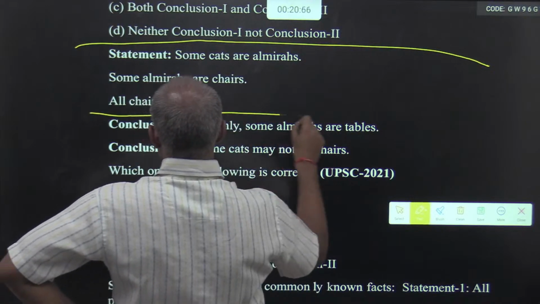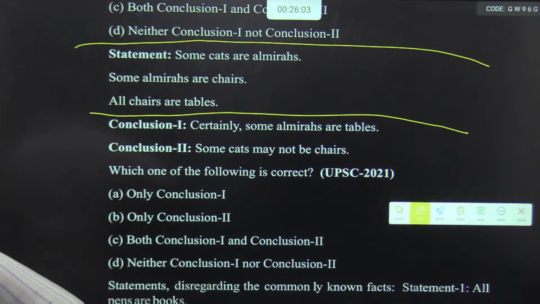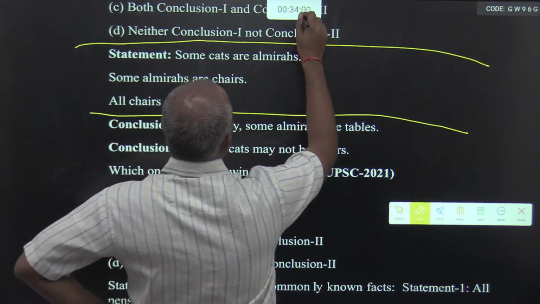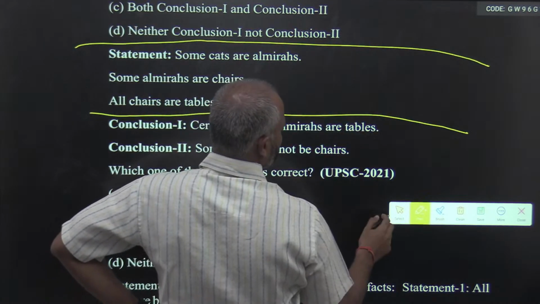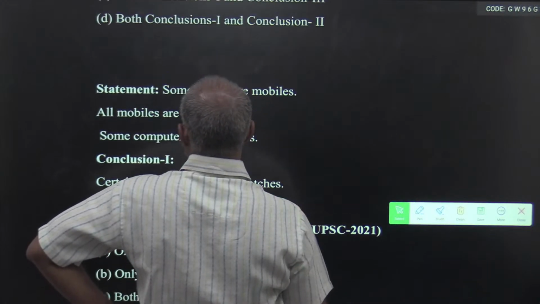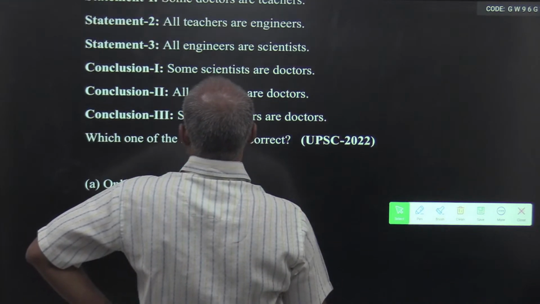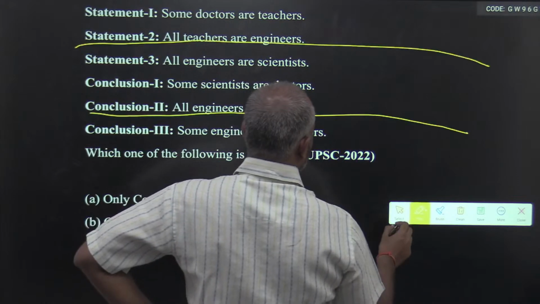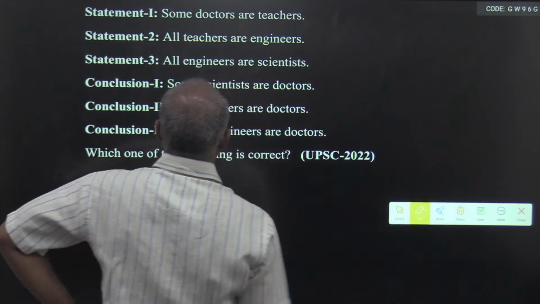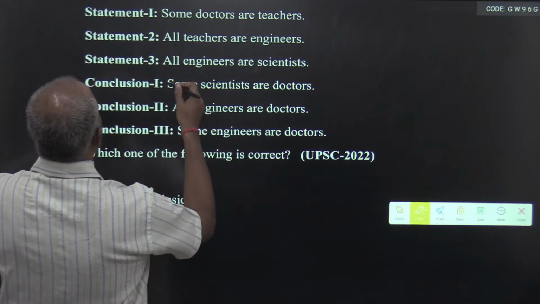So these are statements, these are conclusions. What is there in the common statement? Just pay attention. We have named all these, right?